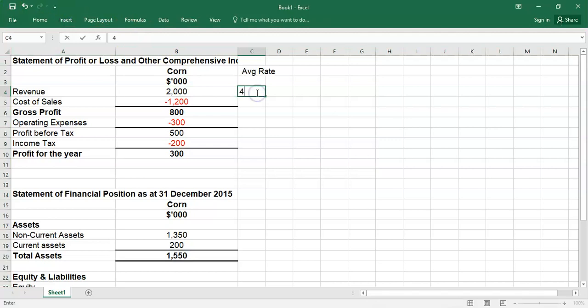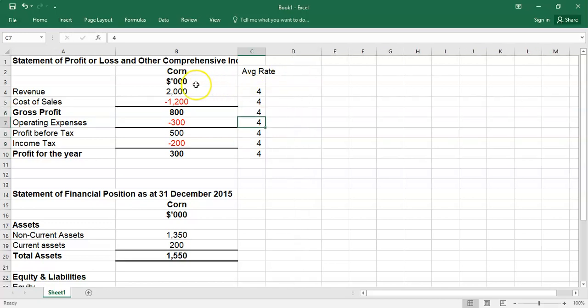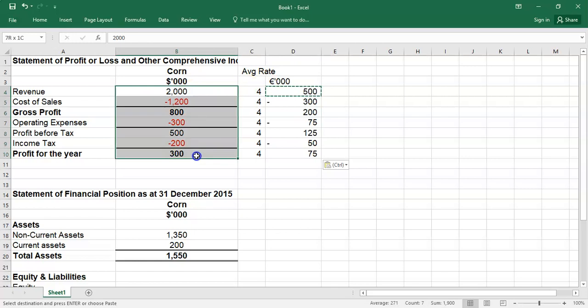So the average rate here is 4, so you're just dividing everything by 4 to get your P&L. That means your euro P&L, and we'll just put that here in euros, is going to be this divided by 4. There's nothing more complicated than that, and you bring it the whole way down along. And we'll just tidy it up to make sure it matches.